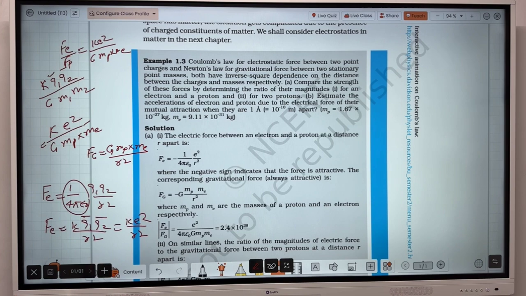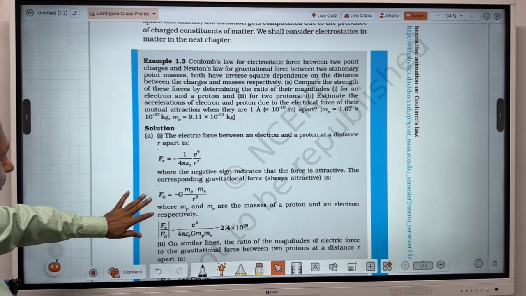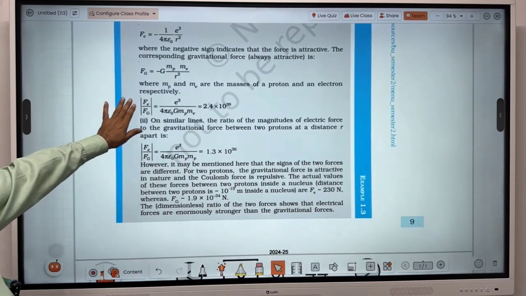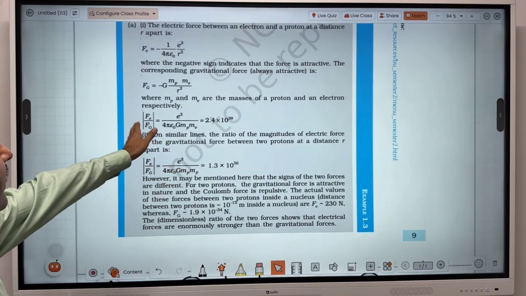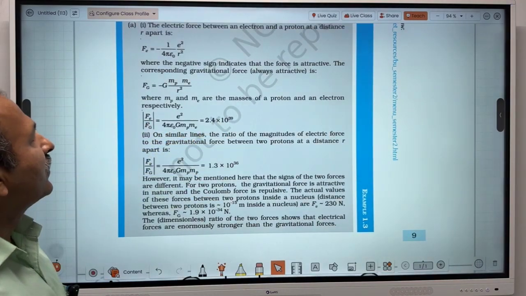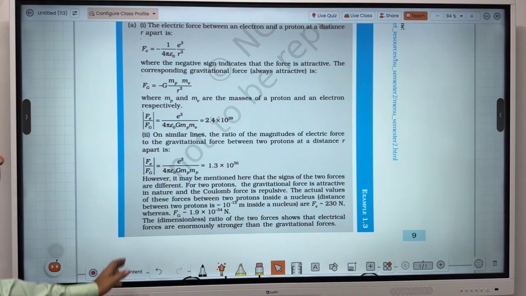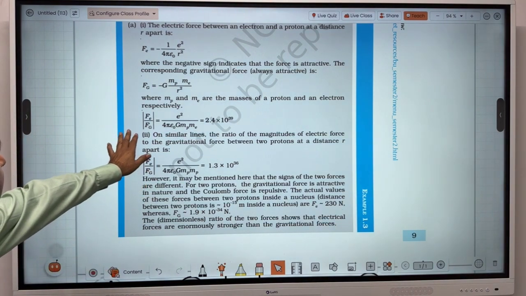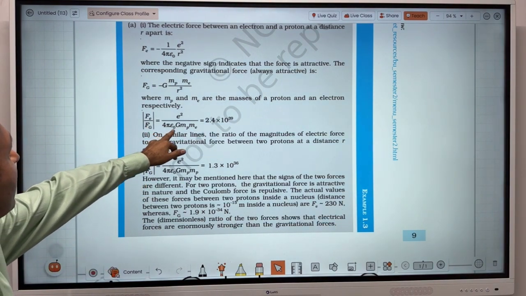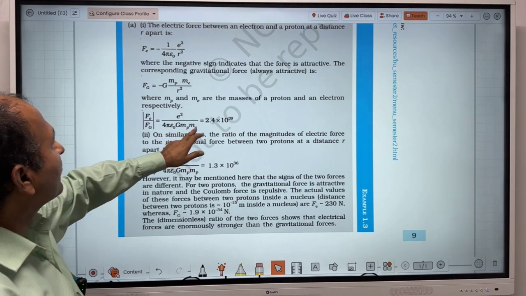So you can easily tell. Here in our question, we have found the ratio of the two forces as you have seen, and that comes out to be 2.4 into 10 power 9. This is Fe upon Fg in case of mass of proton, mass of electron.